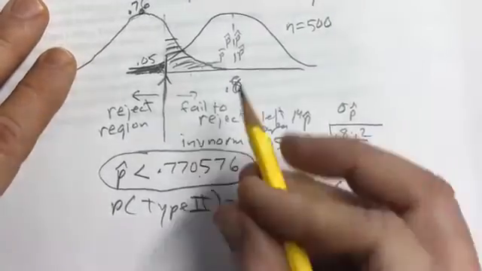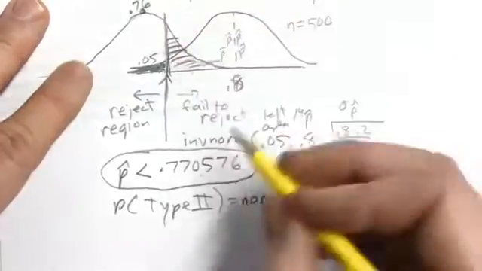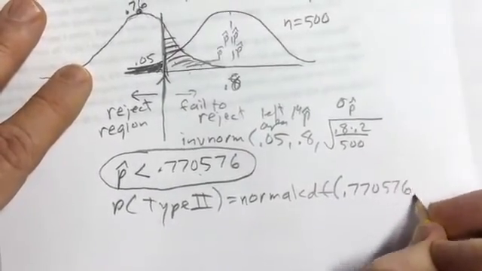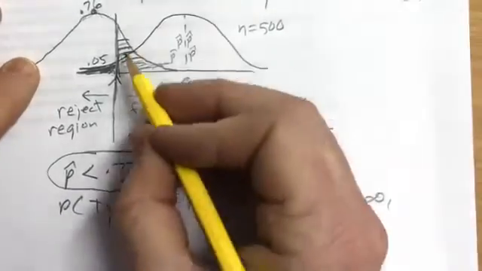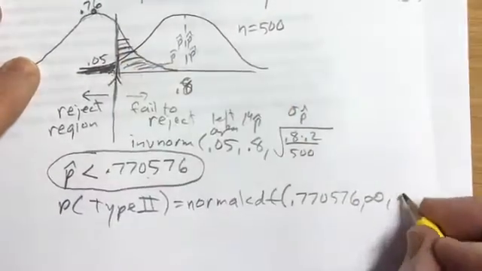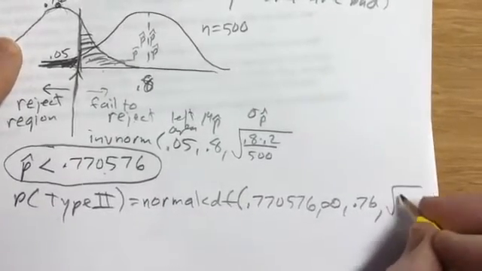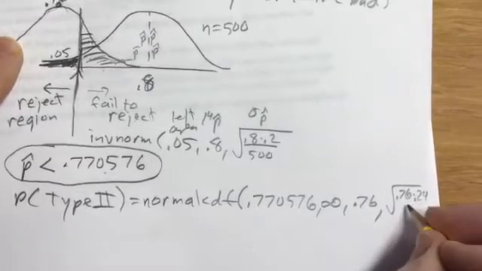Normal CDF, and then the lower value of my shaded region is 0.770576. The upper value is infinity. The mean of this is now 0.76. And the standard deviation is the square root of 0.76 times 1 minus that, which is 0.24, over 500.